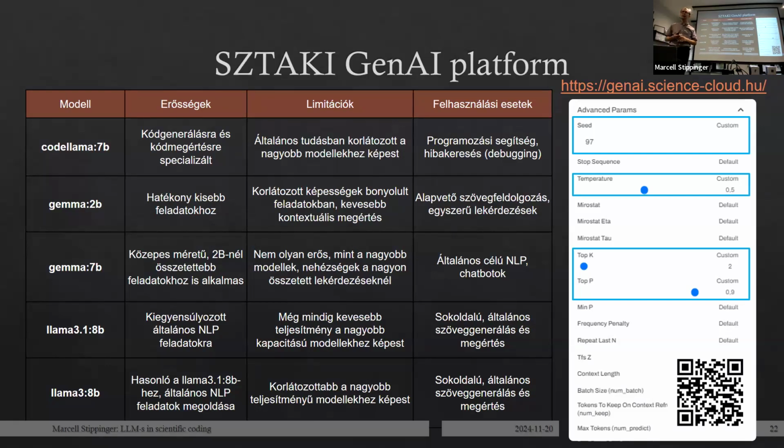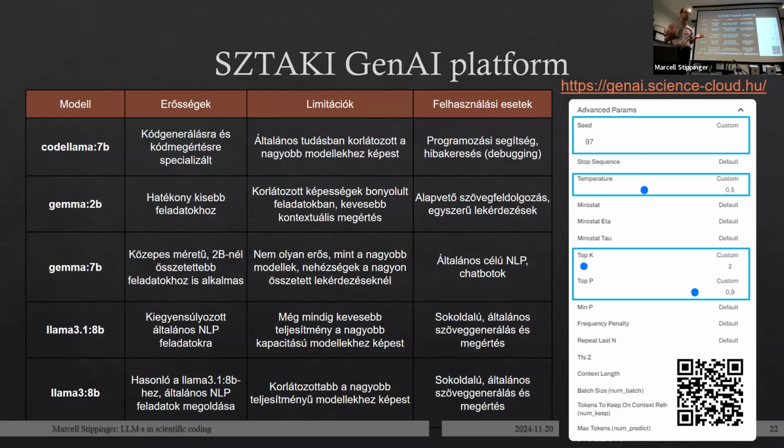So you can choose among them and even compare their performance. In this version, you can also set some of the parameters of those models. For reproducibility, you can fix the seed and decrease the temperature, or you can fine-tune the creativity of the model. So those two parameters were covered in the last talk.